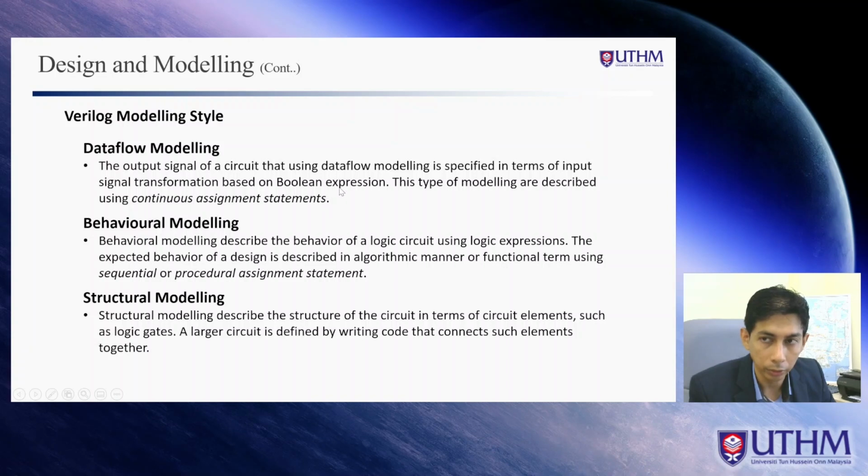In order to use data flow modeling, we can use the assign keyword before the Boolean equation. So assign followed by the Boolean equation, right? And also we call the assignment the continuous assignment statement.